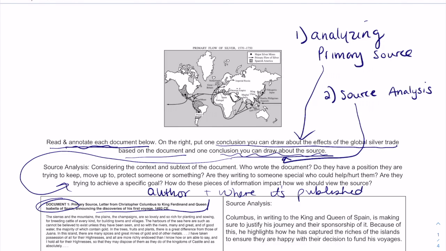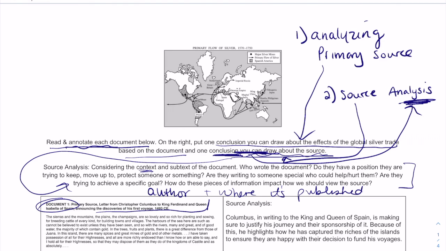The next thing we're going to do to get to this analysis component, to get to this conclusion that we can draw, is ask questions. By drawing a conclusion, we are doing analysis. That's what's kind of cool about this. Considering the context and subtext of the document, that's what source analysis is.